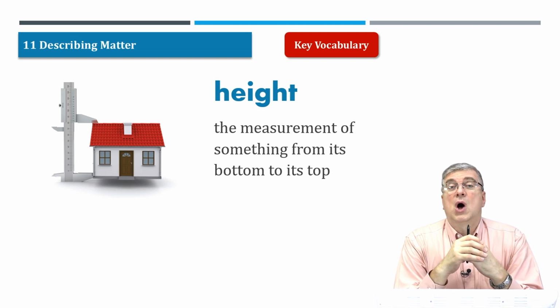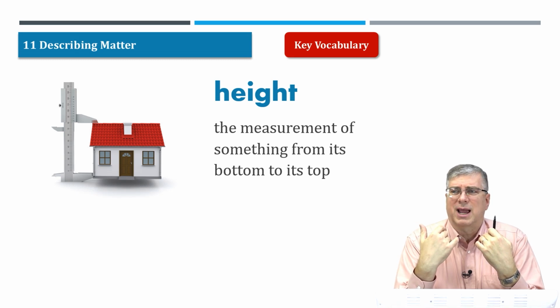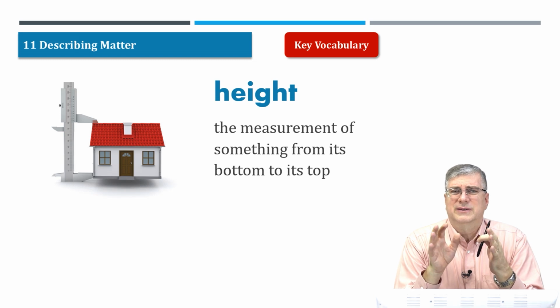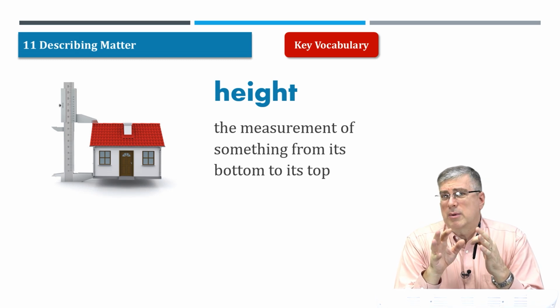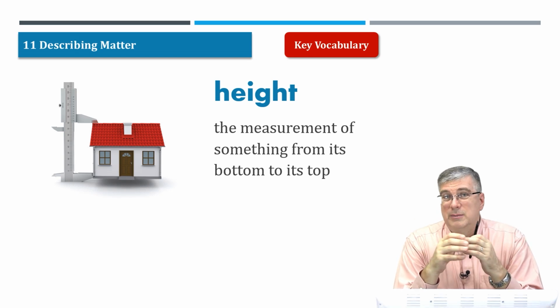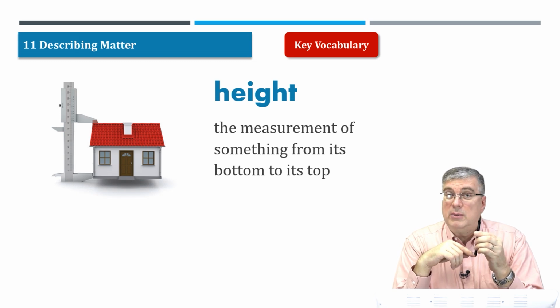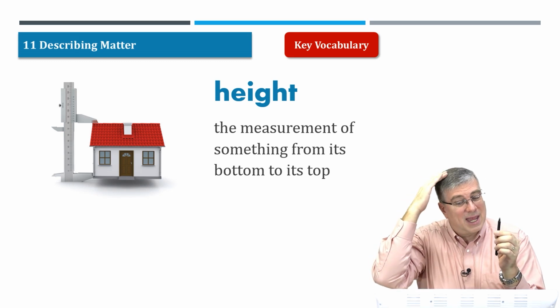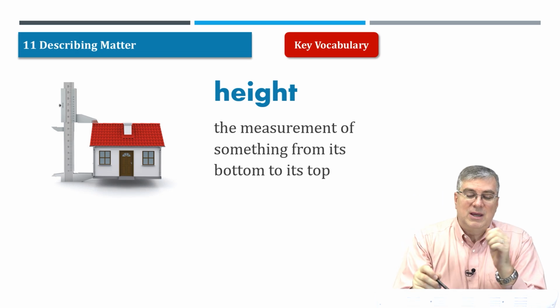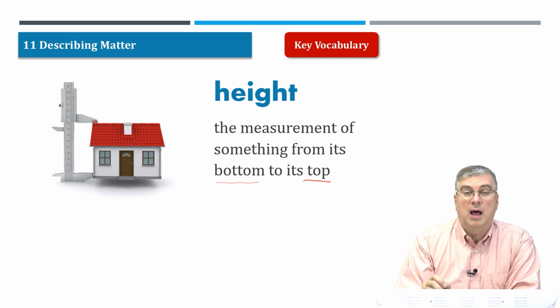I know in inches, I'm more familiar with inches. I know my height is 6 foot 1 inch, but I don't really know that well in centimeters how tall I am. But probably you guys are maybe 100, 120, 130 centimeters. What is the height from the bottom of your feet to the top of your head? That's the measurement of something from its bottom to its top.